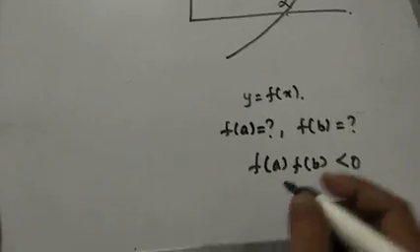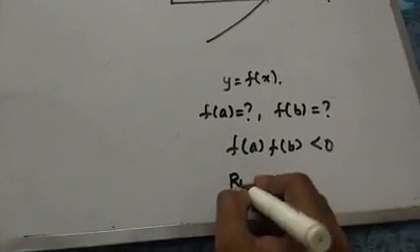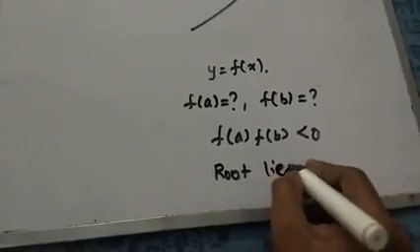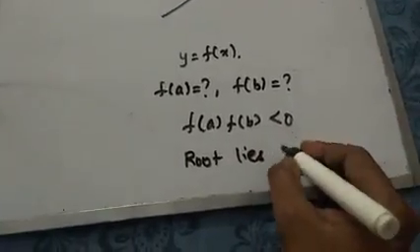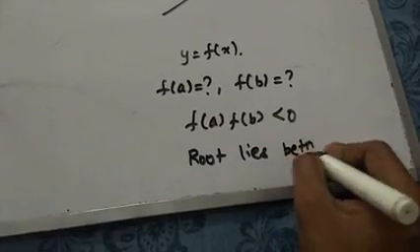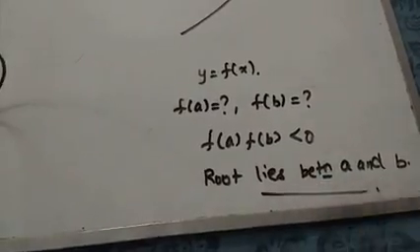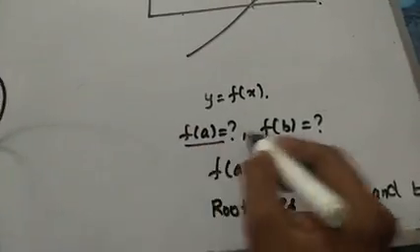Then we can conclude that the root lies between a and b. This thing we started studying from the bisection method.